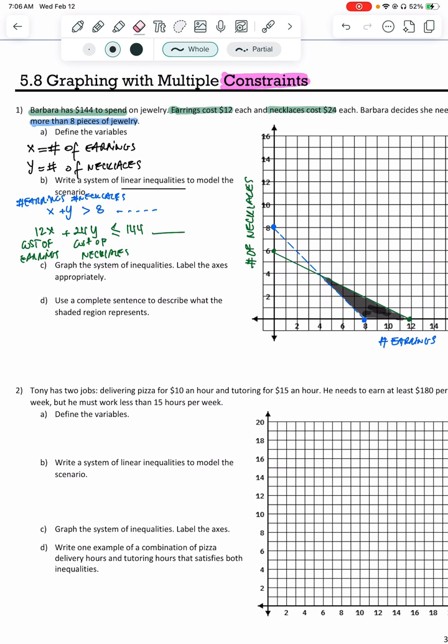Now, that was part C. Part D says use a complete sentence to describe what the shaded region represents. So what does the shaded region represent?